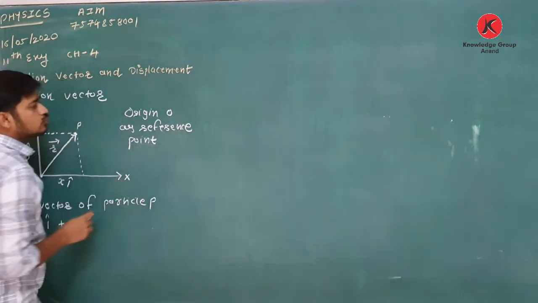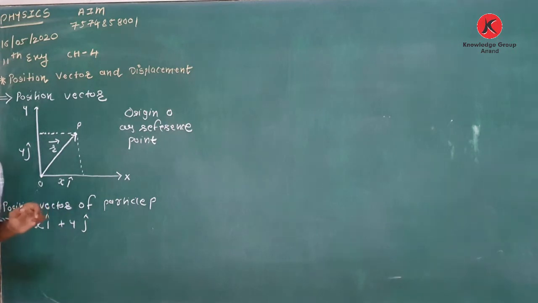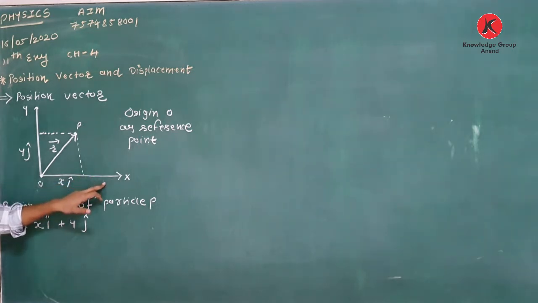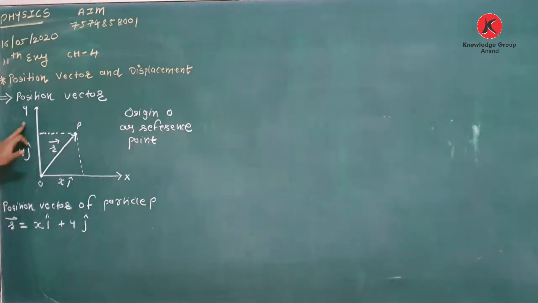So you have to find each and every position with respect to this origin. Here we have one particle P. Its position vector is R. How to write R? x is its x component, in the x-axis direction, and y is the y component. So R is equal to xi plus yj.